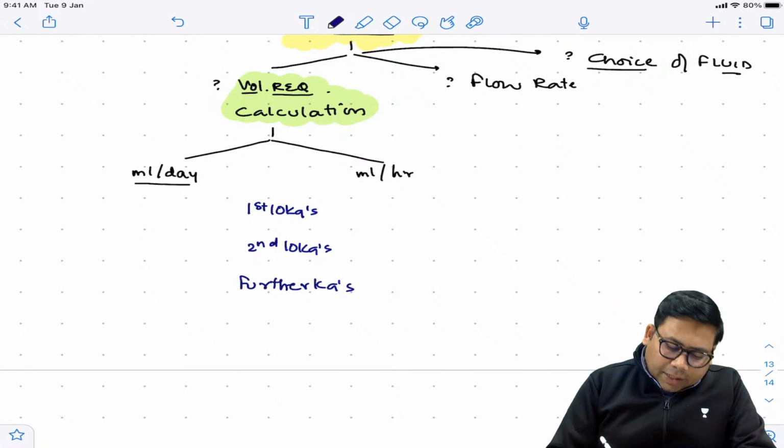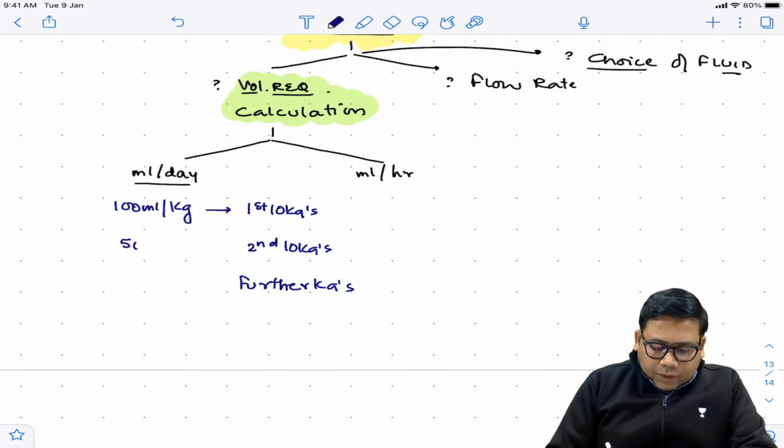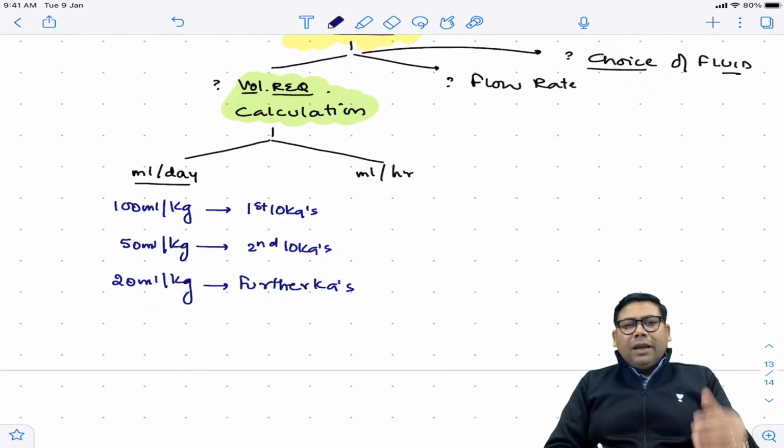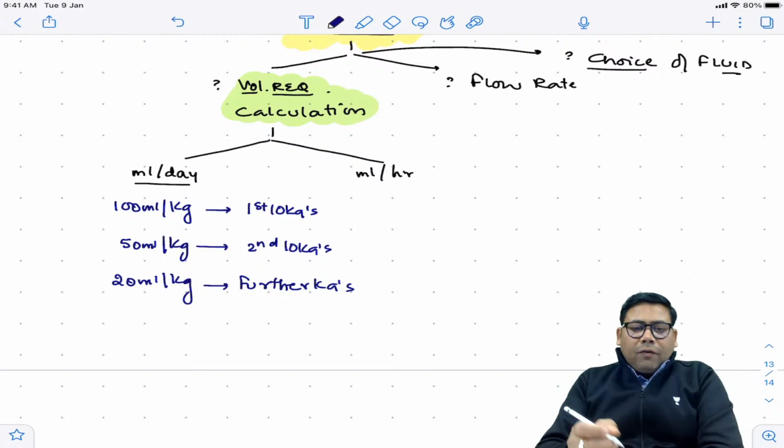In ml per day, it is 100 ml per kg for the first 10 kgs, 50 ml per kg for the second 10 kgs and 20 ml per kg for further kgs. So it's like 150 20.